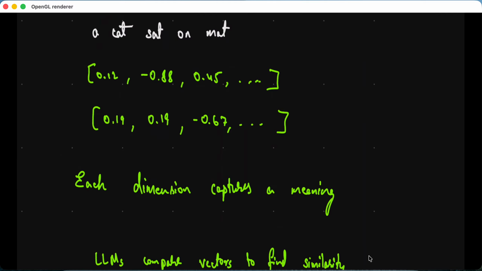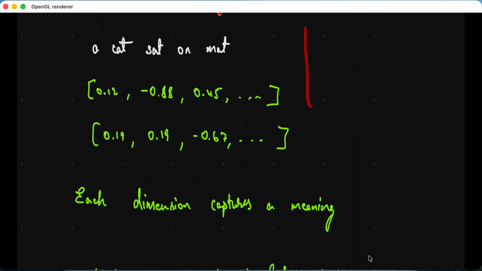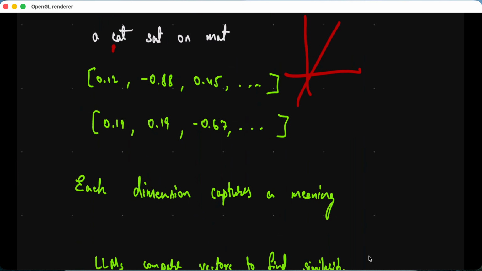Like let's say cat, we have a dimension for, let's say, pet animals. So cat and dog are closer, and mat is somewhat far from cat and dog.